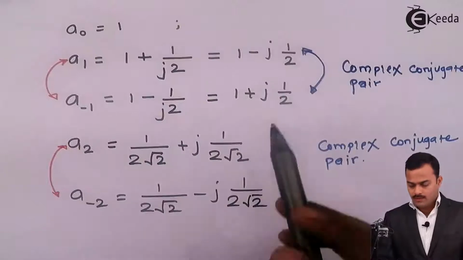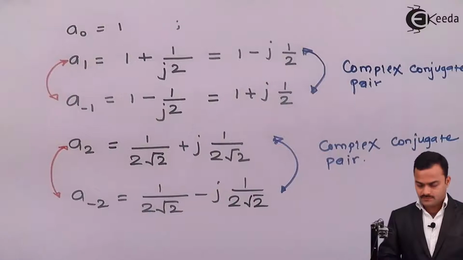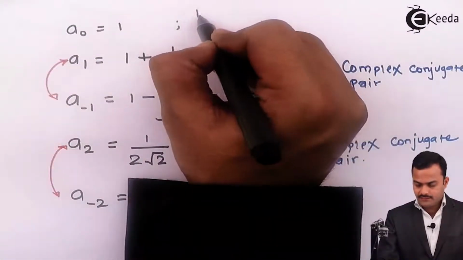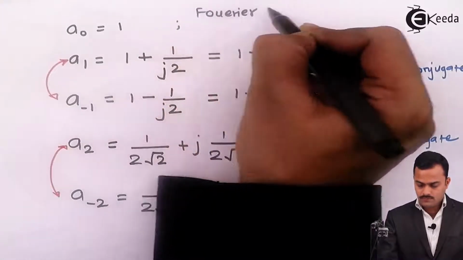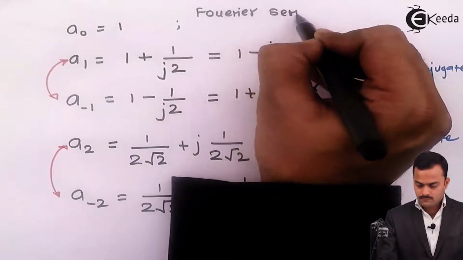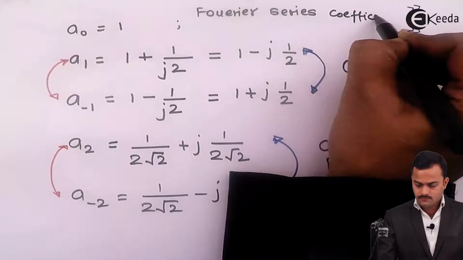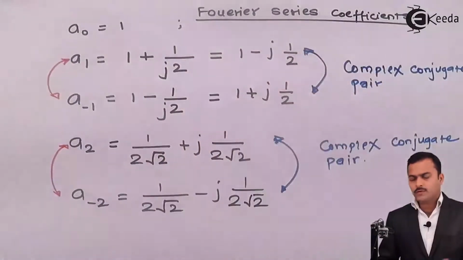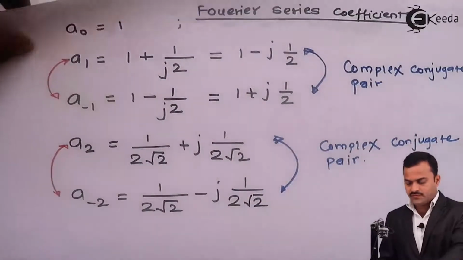So these are the complex Fourier series coefficients we obtain. Now we have to get a magnitude and a phase plot. So let's find out its magnitude and phase.